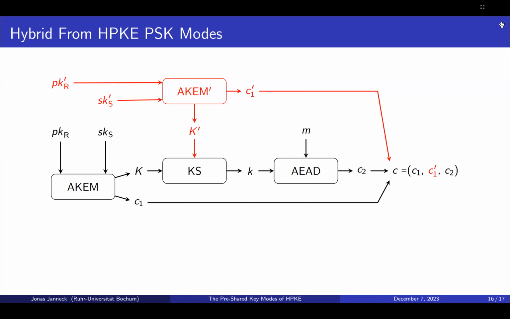In the beginning we don't know whether the AKEM or the AKEM prime is broken, so the key schedule should output something really pseudorandom even if the key K or the key K prime is broken, as long as the other one is not. Thank you very much.